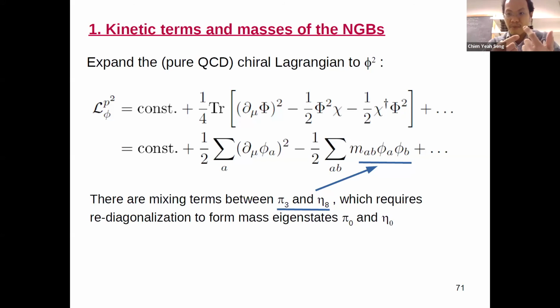Namely, there's a term proportional to pi 3 times eta 8. So this means pi 3 and eta 8 themselves are not actual eigenstates of mass because the mass matrix is not diagonal. Therefore, you need to do a rediagonalization to make the mass matrix diagonal, and that introduces the physical states pi 0 and eta 0.